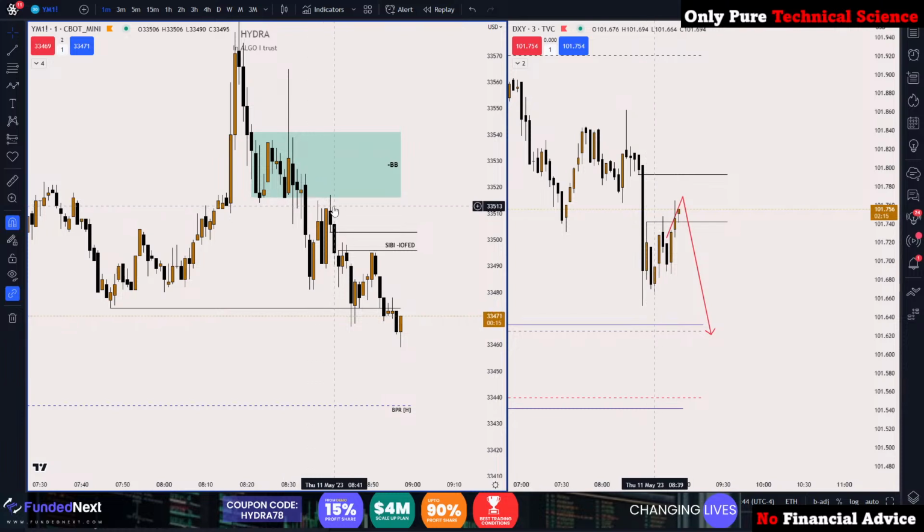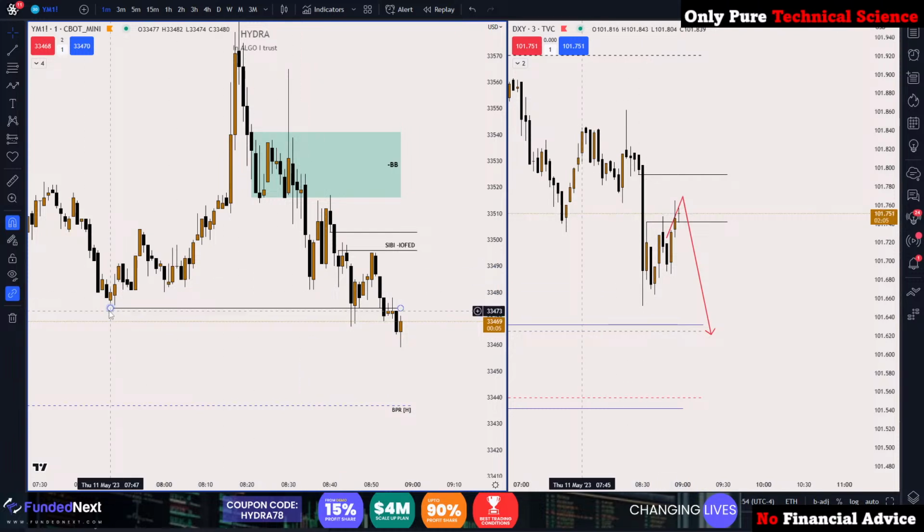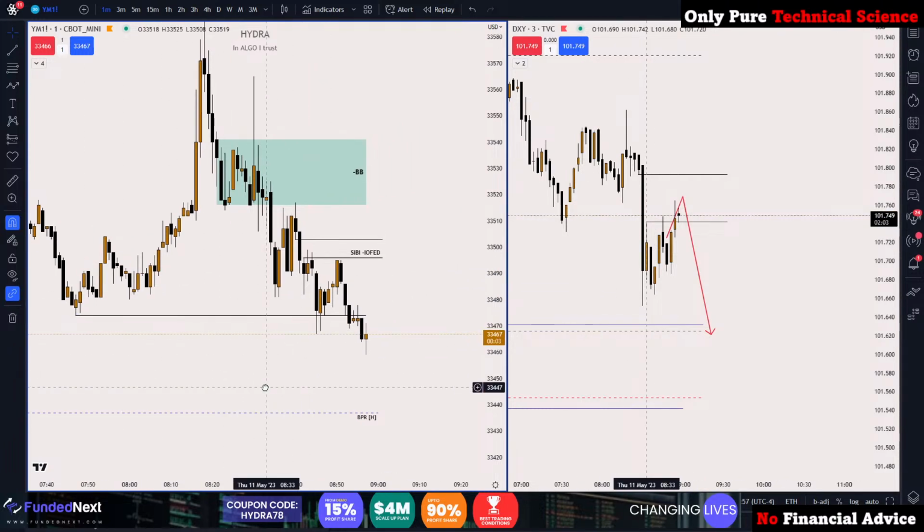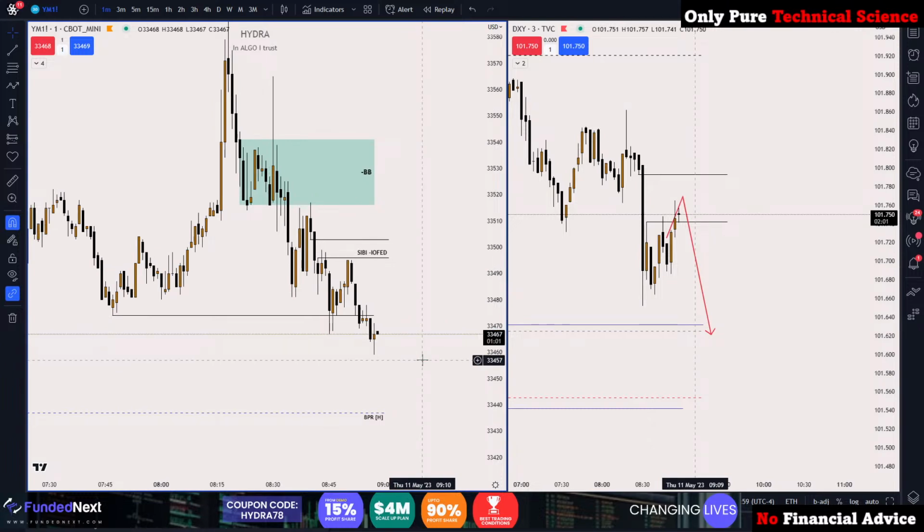And I executed again at this retracement. I closed the second position here, so I got around $300 here, and another partial that I took below this low, and I closed it.